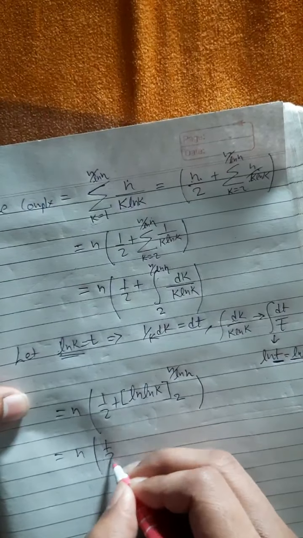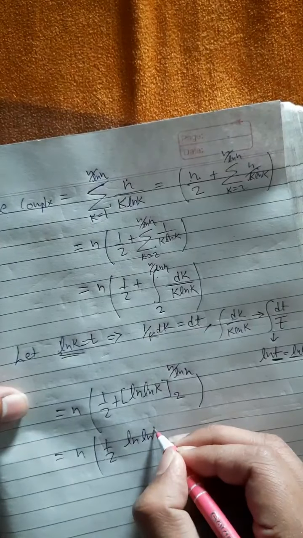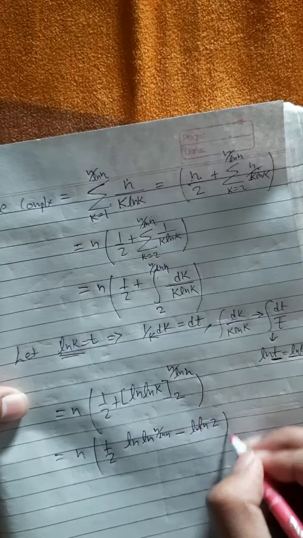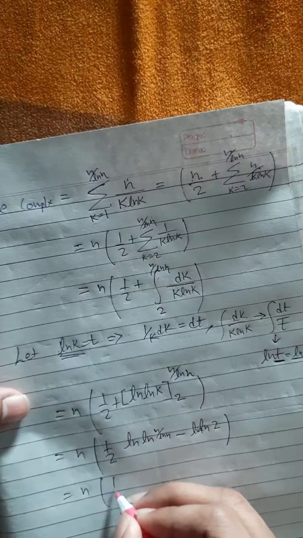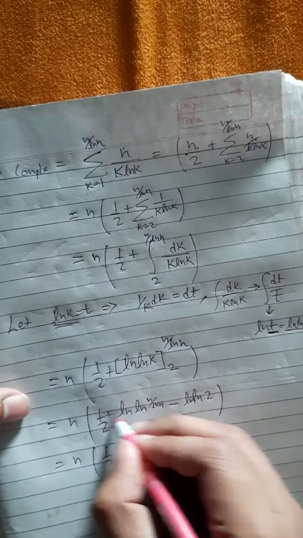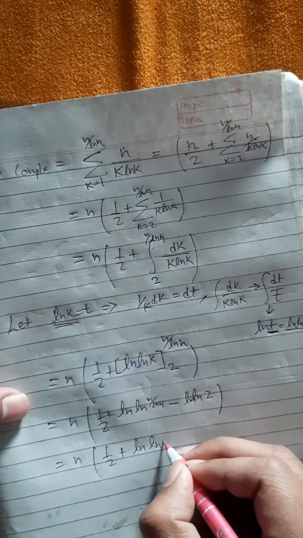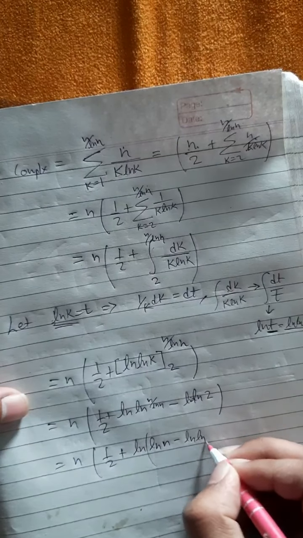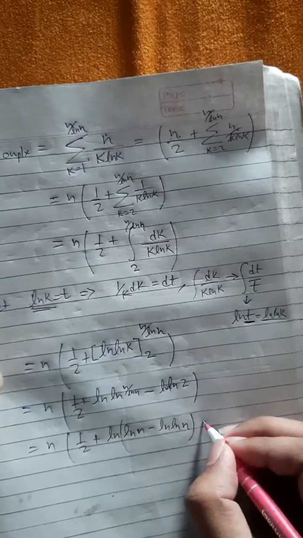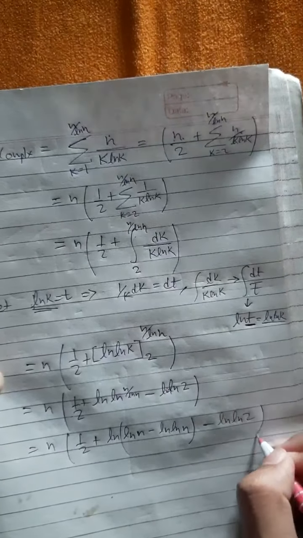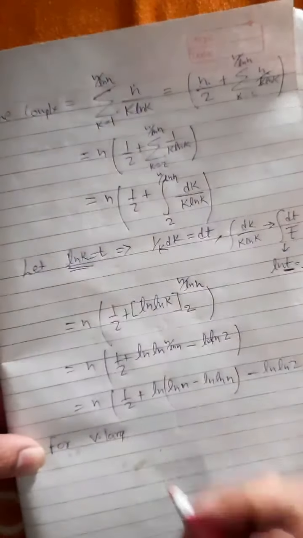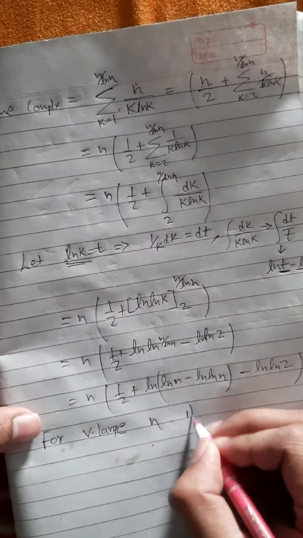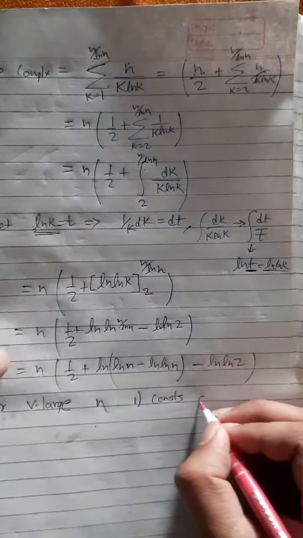So expanding this, we get ln of n by ln n minus ln ln 2. All right. So it's nothing but 1 by 2 plus, it was plus here, ln n minus ln ln n, using the property of log, minus ln ln 2. Now for very large n, the first point is constants are neglected.